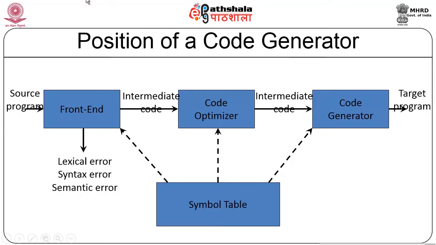And then, will I place my optimizer at the intermediate level, or will I place the optimizer after the code generator at the final level? So, the position of the optimizer should also be decided now itself. These issues are going to be really threatening us in developing algorithms useful for code generation.